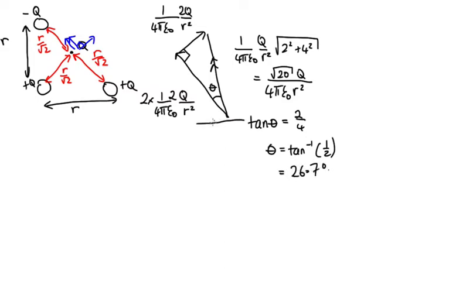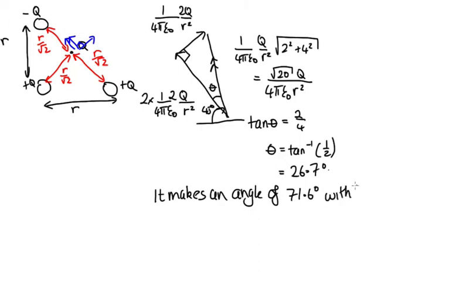So if we give the angle with the horizontal, this is 45 degrees here. And so we can say it makes an angle of 26.7 plus 45, which gives us 71.6 degrees with the horizontal, as shown on the diagram.